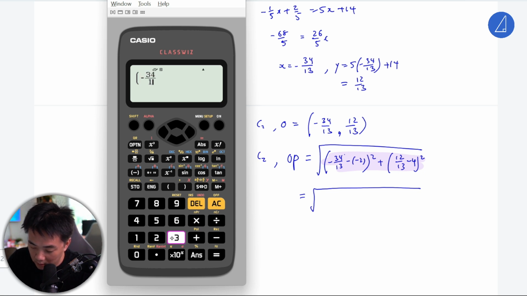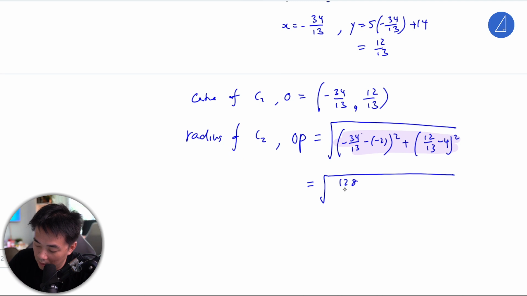-34 over 13 plus 2, squared, plus 12 over 13 minus 4, squared. Okay, so key this in, you get 128 over 13. That's it. So this is 128 over 13.